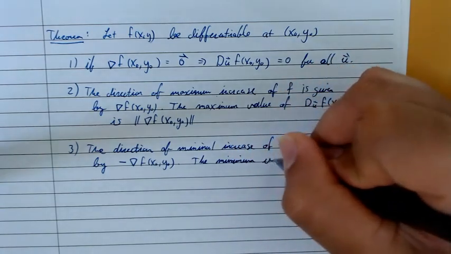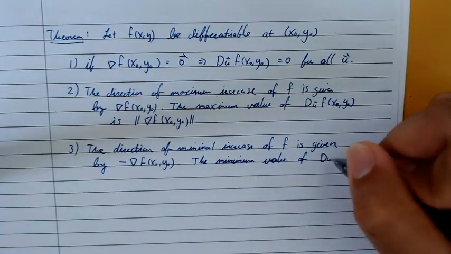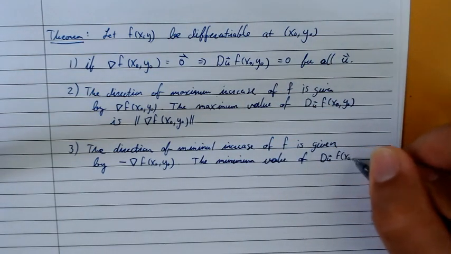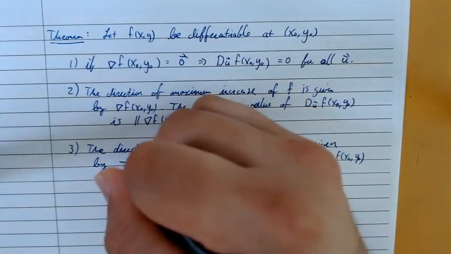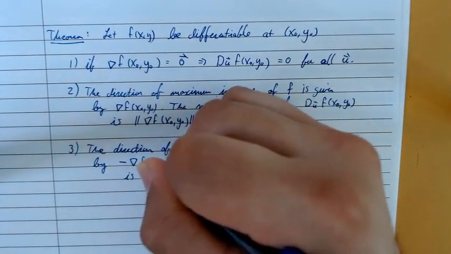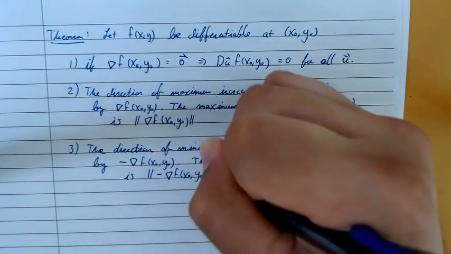The minimum value of the directional derivative D_u of f at x naught comma y naught is given by the magnitude of negative the gradient of f at x naught comma y naught.